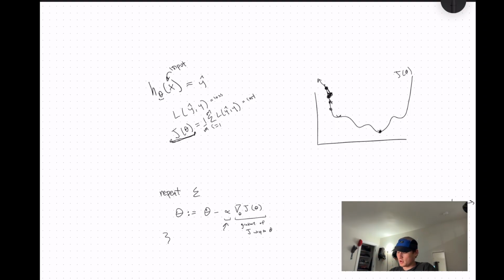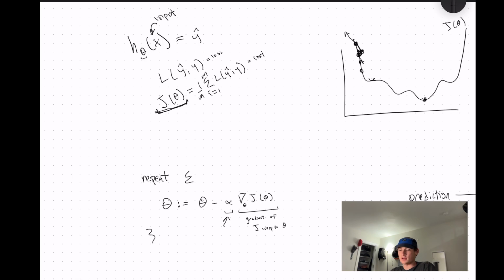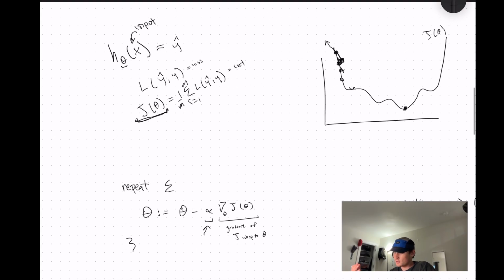And once we have the gradient of that cost function, then we take a step in the negative of that direction, so that we're going down. And we do that a bunch of times. And so every time you do that, your parameters will be better. And by better, it means the cost function J is lower. Okay, so that is the idea behind gradient descent.